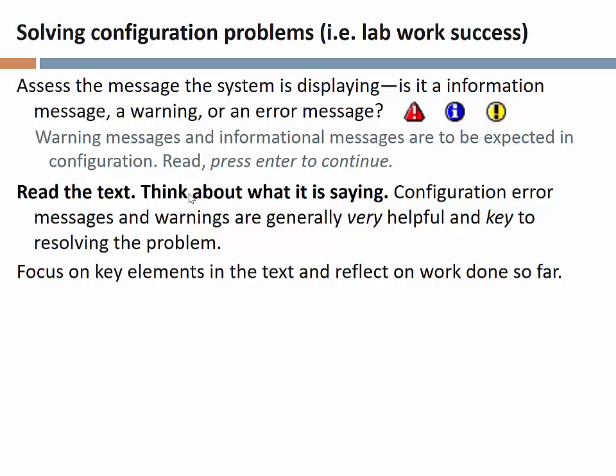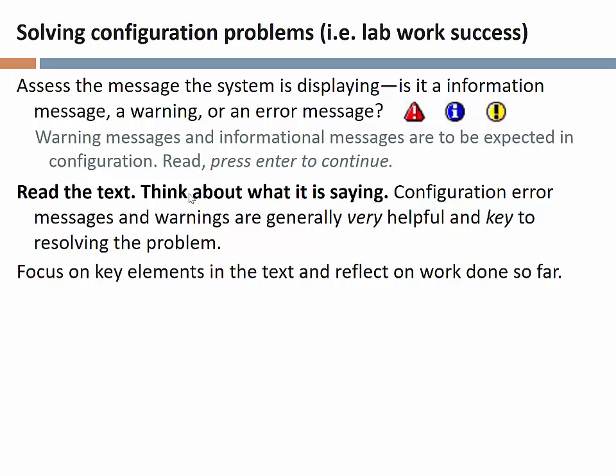Now, you will occasionally see things where in our labs they're broken up into phase 1, phase 2, phase 3, and so on. You may encounter a situation where you're doing work in phase 3 and the error you made was way back in phase 1. And that's going to be perhaps more challenging to troubleshoot.